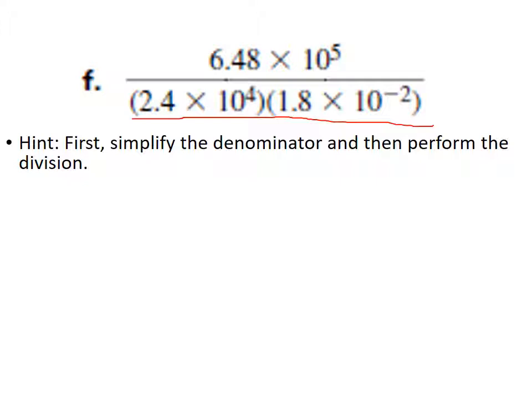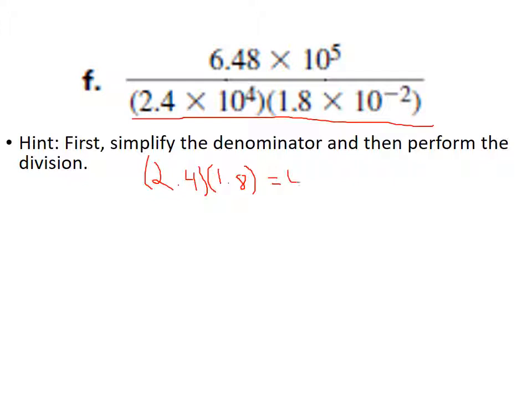But I'll start off by doing that little multiplication piece, of 2.4 times 10 to the power of 4 multiplied by 1.8 times 10 to the power of negative 2. So I'm going to do the 2.4 part multiplied by 1.8, and there's two sig figs for each number, so we'll have two sig figs there.